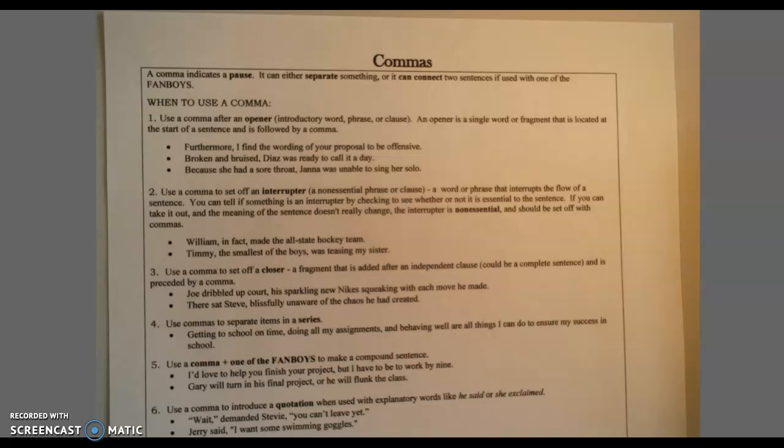One of the things that Mrs. Ulrich and I noticed as we were reading and grading your afterwards essays is that there are still a lot of errors being made with commas and semicolons. Students are writing run-on sentences, students are writing fragments, students are leaving clauses or phrases just hanging there.